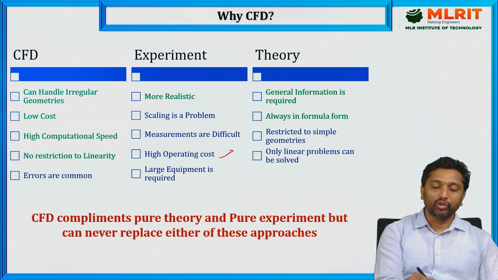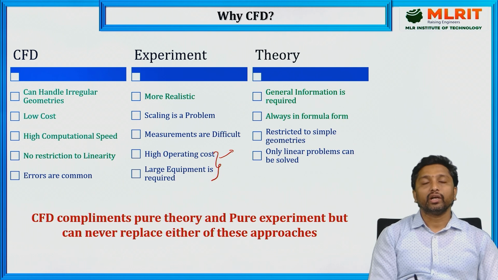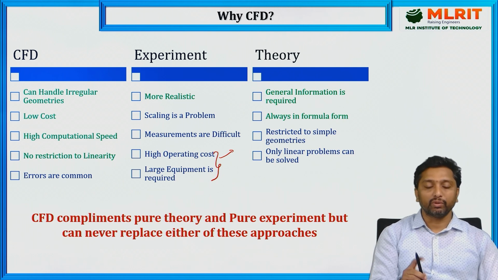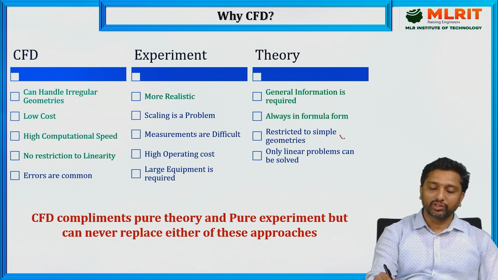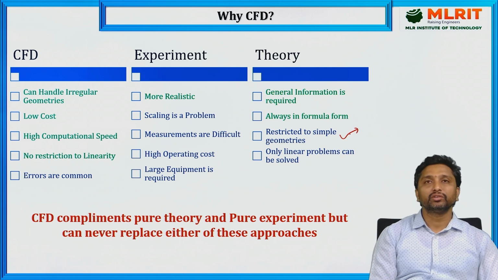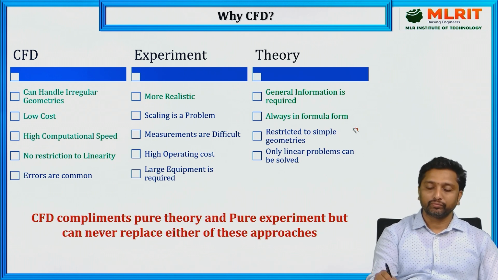So it will occupy a lot of space, as well as require a lot of power and high operating cost to conduct experiments for solving the fluid dynamic problem. And theory is very much restricted to very simple geometries. Only simple, linear problems can be solved. Other than that, complex problems cannot be solved in theory.